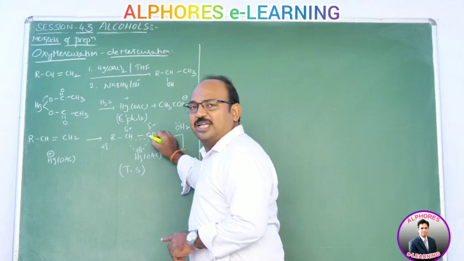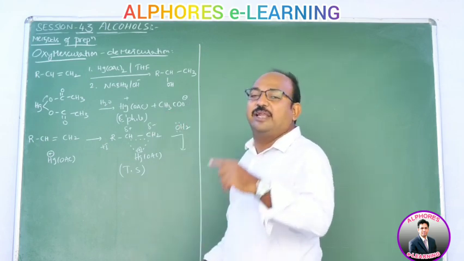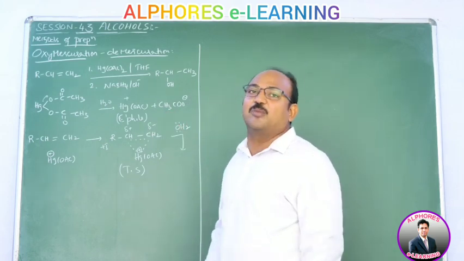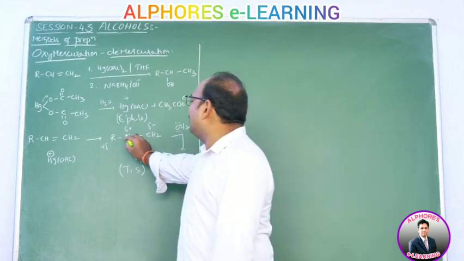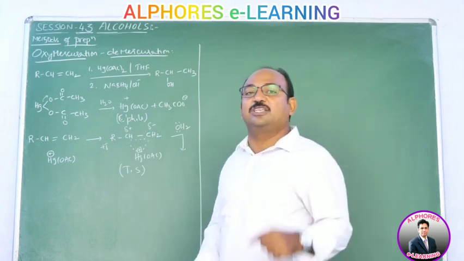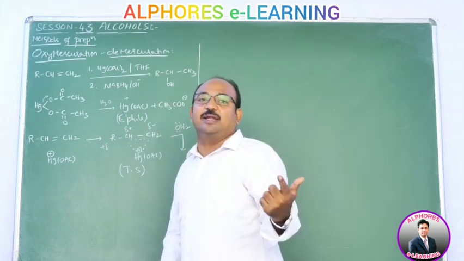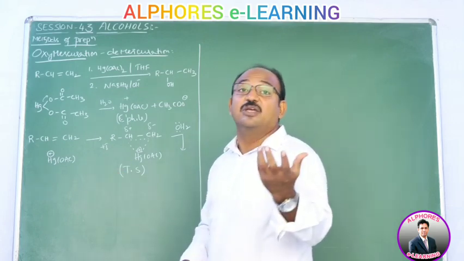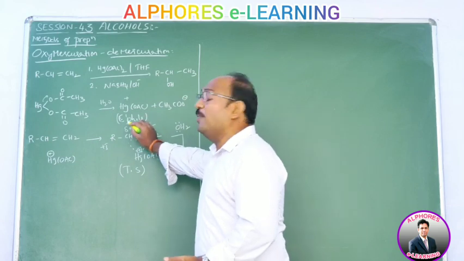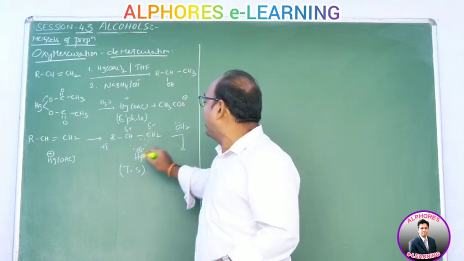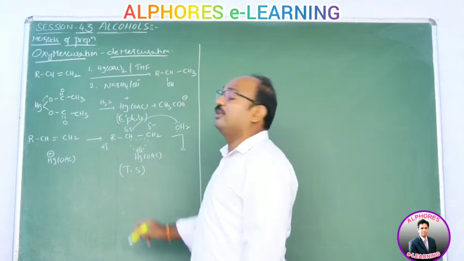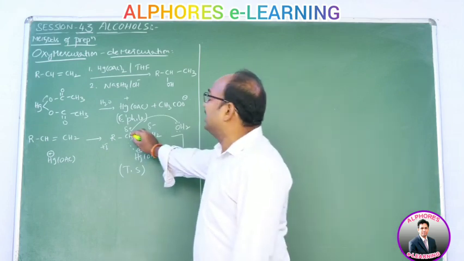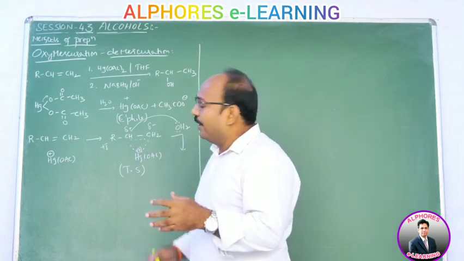In other words, we can explain it in a different way. If positive charge appears upon this carbon, then it has primary carbocation character. If positive charge appears upon this carbon, then it shows secondary carbocation character. Compared to primary, the secondary carbocation is more stable. That's why the appearing positive charge here is more stable compared to this one, and that's why the water molecule has to attack this carbon. Before the attack of water, no carbocation is formed.